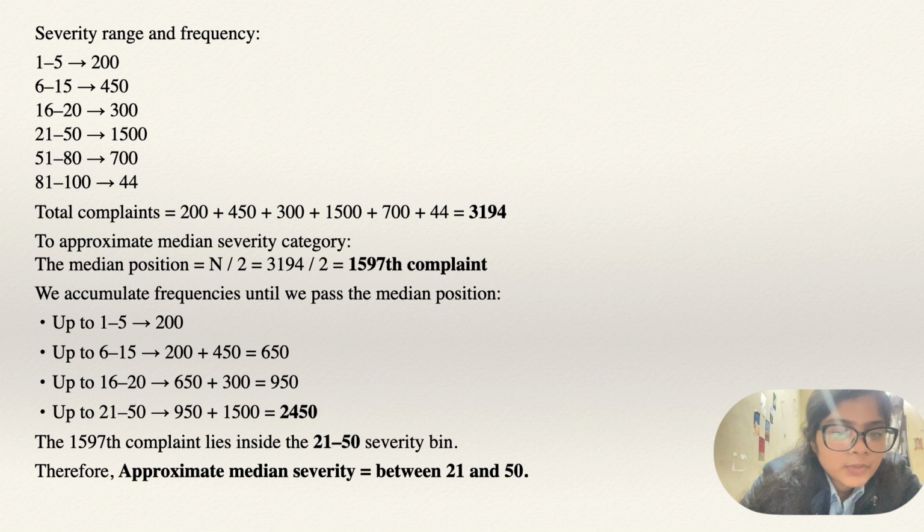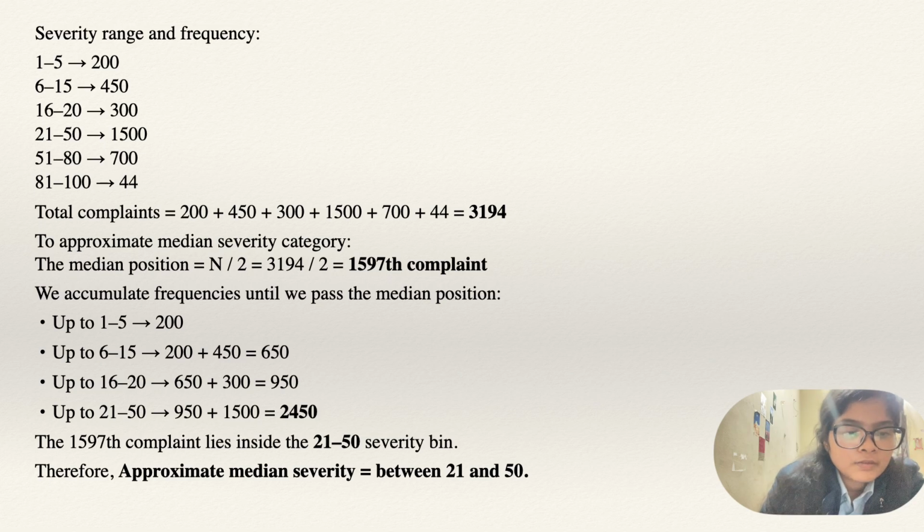We accumulate frequency until we pass the median position. So up to 1 to 5 there is 200, up to 6 to 15 there is 200, the previous frequency, plus the frequency of this class, which is 650. And we are doing this till we get the median position.